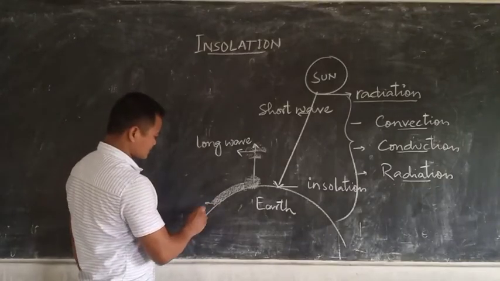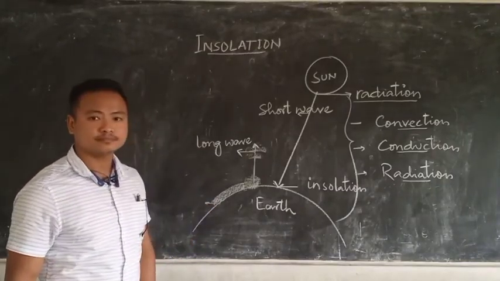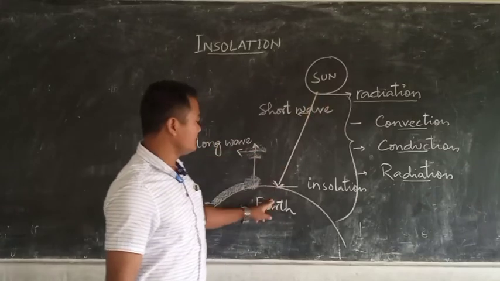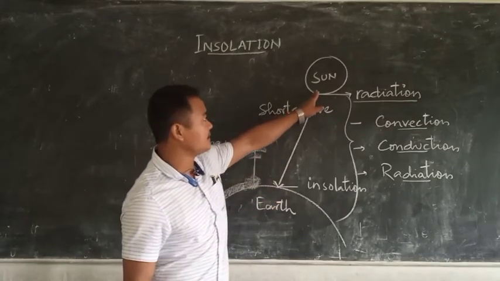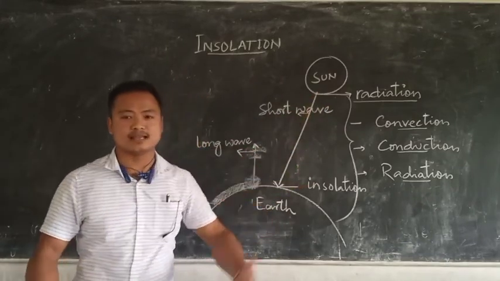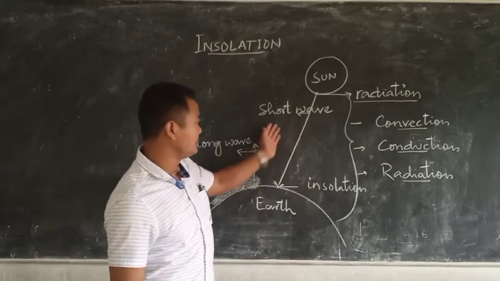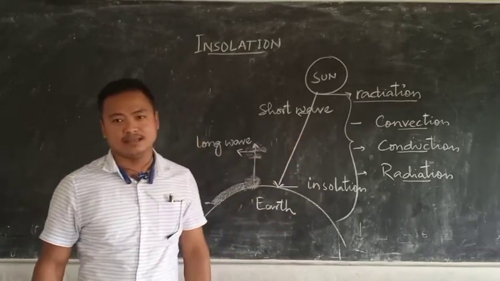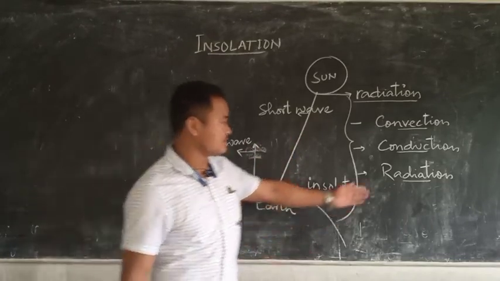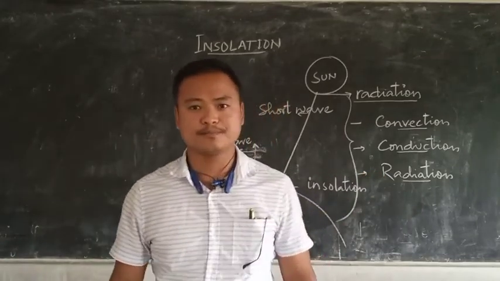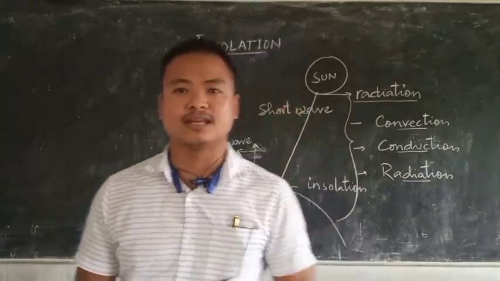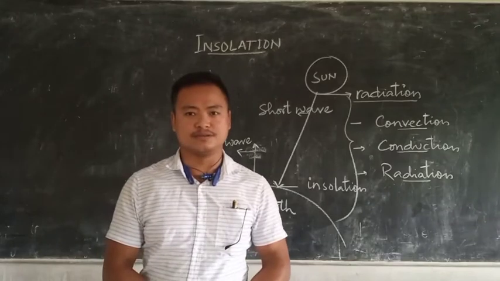And this process is known as conduction. While radiation is when the heat emitted from any object which has a higher temperature results in heating of the nearby areas or region, and this is known as the process of radiation. So these are the three processes that help in heating the Earth's atmosphere.